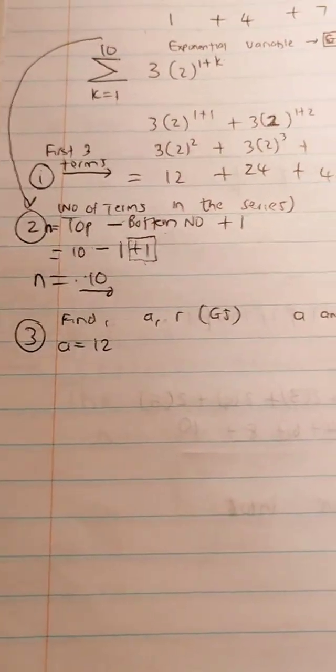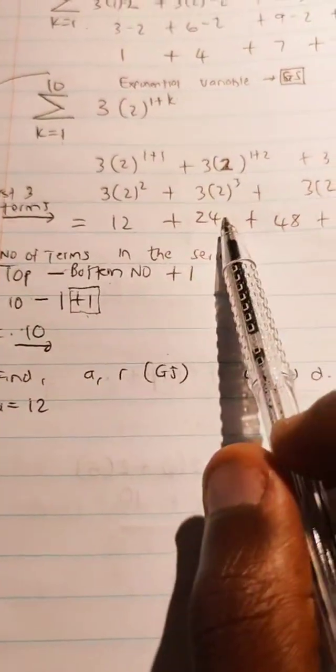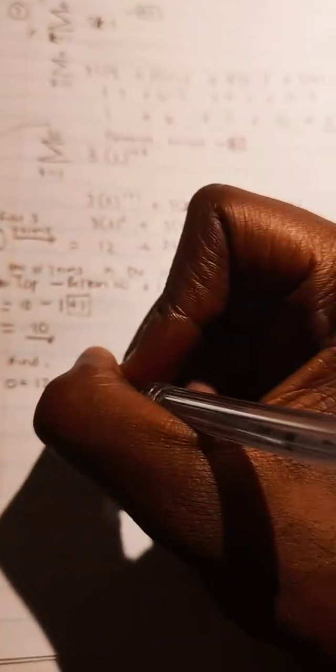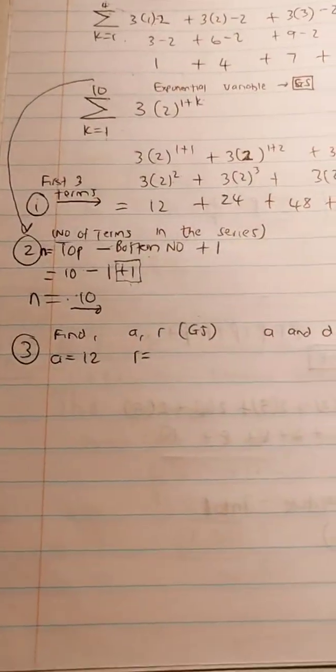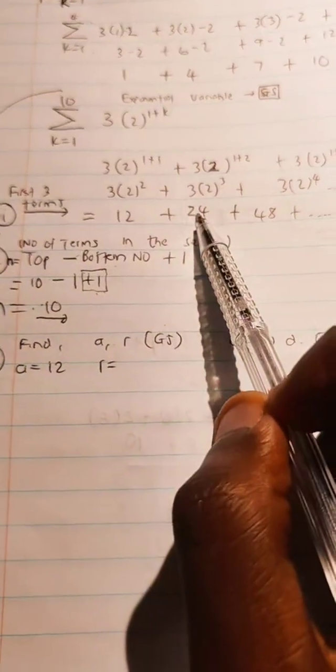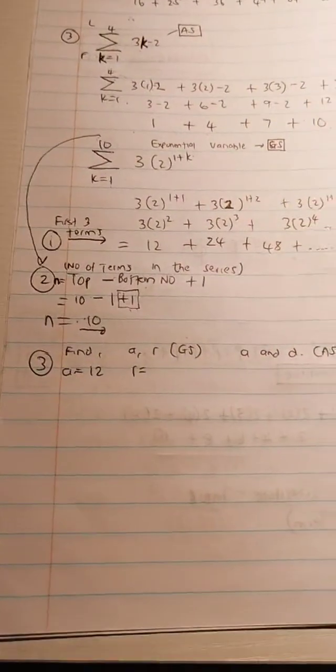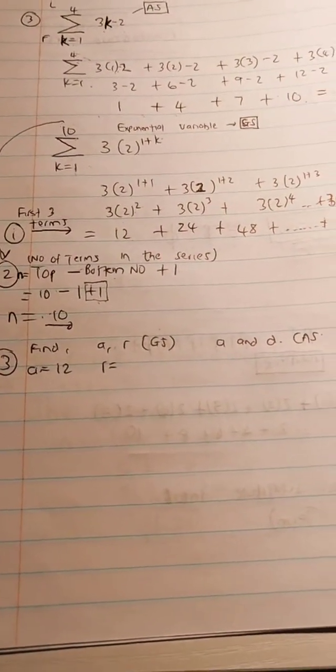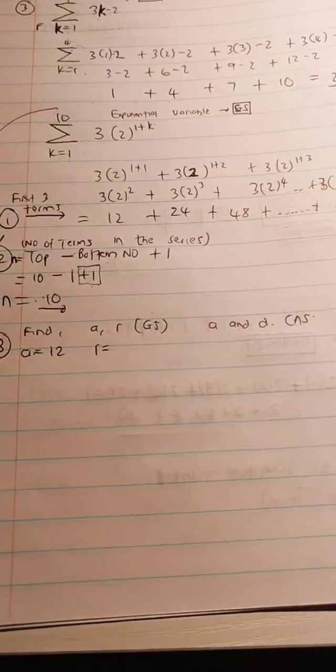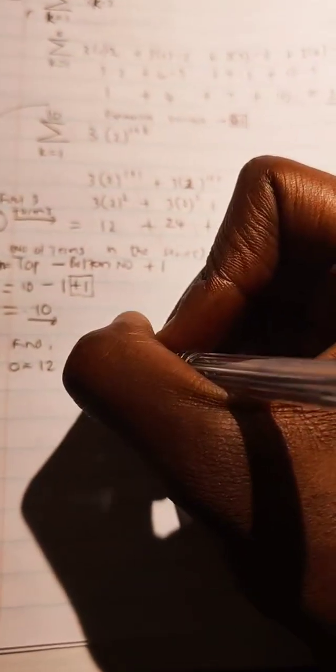Then R is the constant ratio. When we want to find the constant ratio, we say T2 divided by T1. We further confirm it with T3 divided by T2. So 24 divided by 12, guys, you are 100%, Lizwe, Nopinki, Lwandle, Phahla, the gang, it's 2.